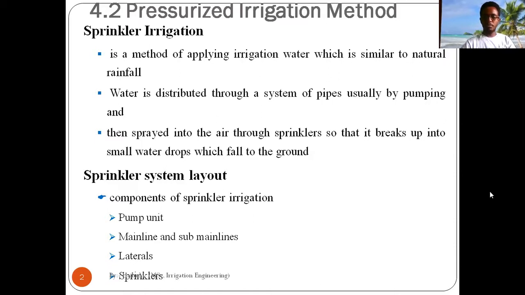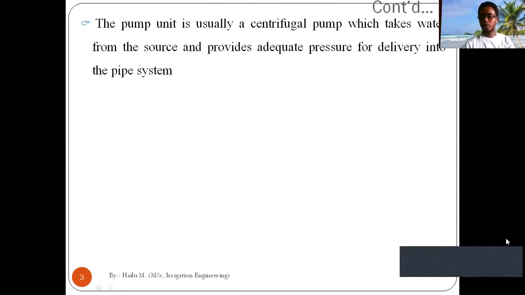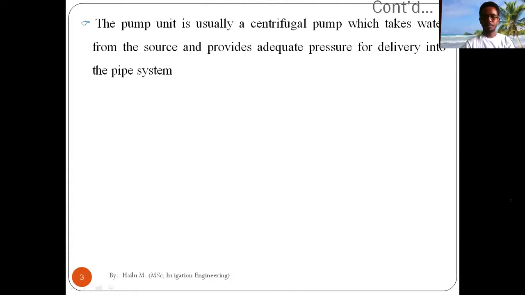The third will be the main line or main lines, laterals, and sprinklers. The pump unit is usually a centrifugal pump which takes water from the source and provides adequate pressure to deliver it into the pipe system.